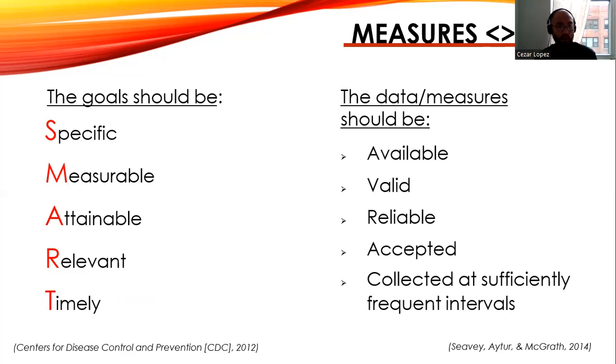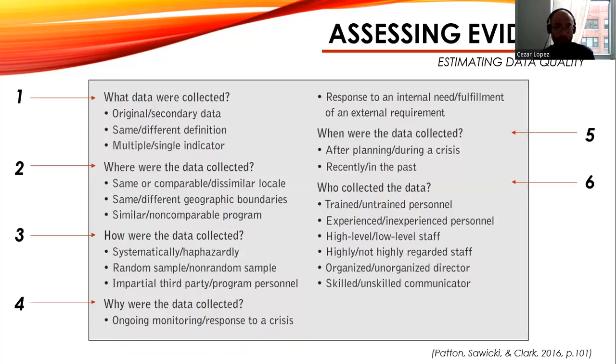Measures and data. The goal should be SMART: specific, measurable, attainable, relevant, and timely. And the data measures should be available, valid, reliable, accepted, and collected at sufficiently frequent intervals. Assessing evidence, thinking through the sources of data availability to support measurement of criteria, some points about data quality.